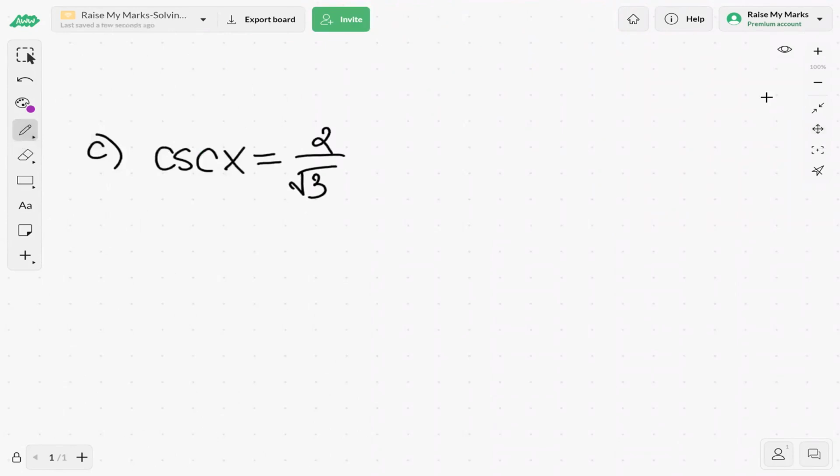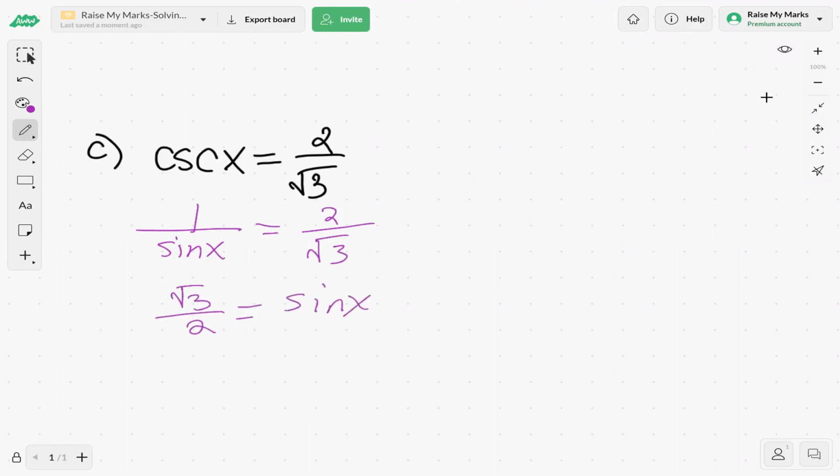Okay. Cosecant x equals 2 over root 3. So cosecant is 1 over sine x equals 2 over root 3. Okay, so we're going to cross multiply, and we have root 3 over 2 equals sine x. So it looks like we need to use our special triangles. Remember these? 60 degrees, 30 degrees.